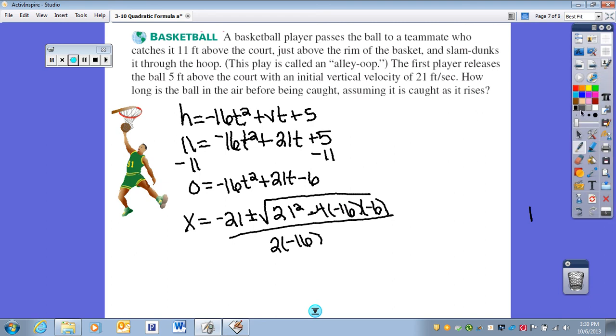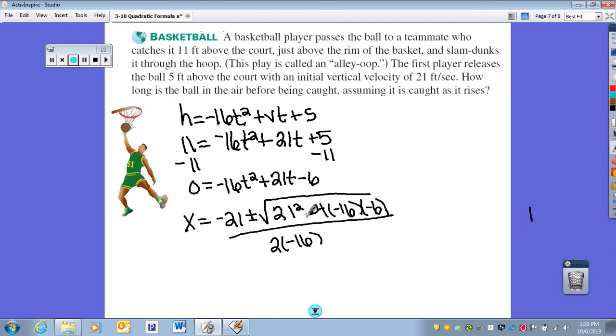Now we can use our calculator to do some of this calculating. 21 squared is 441 minus, because we have a negative times a negative times a negative, 4 times 16 times 6 is 384, and 2 times negative 16 is negative 32.